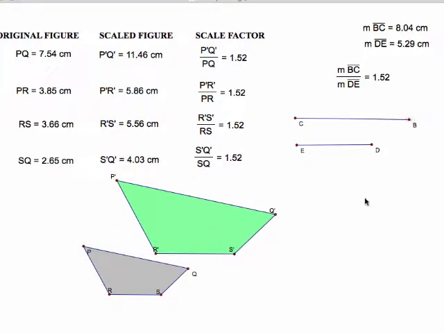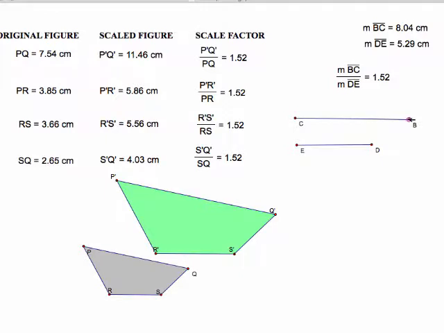The second thing is that if I take matching sides, corresponding sides, so for example PQ and P prime Q prime, which I have measured here and here, or PR and P prime R prime, and I divide corresponding sides, you'll notice that the ratio I get is the same. This is what we mean by the sides are in proportion.